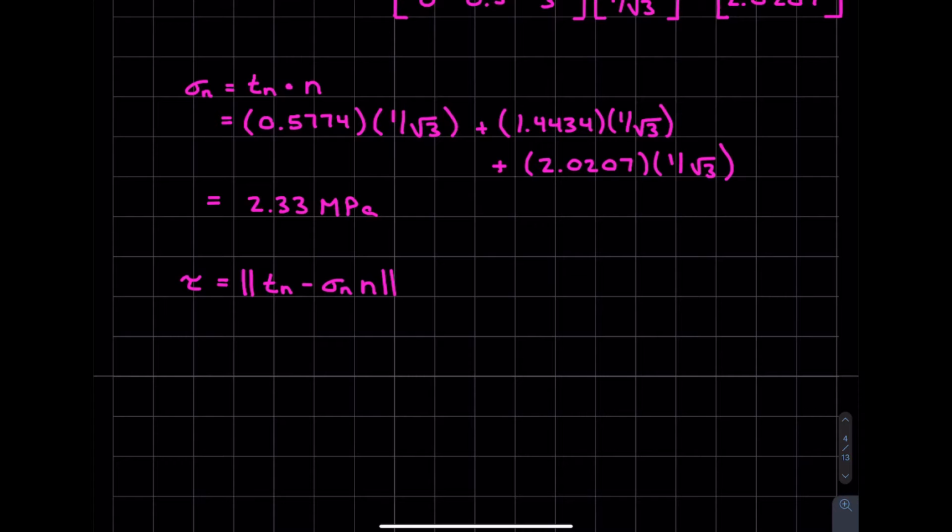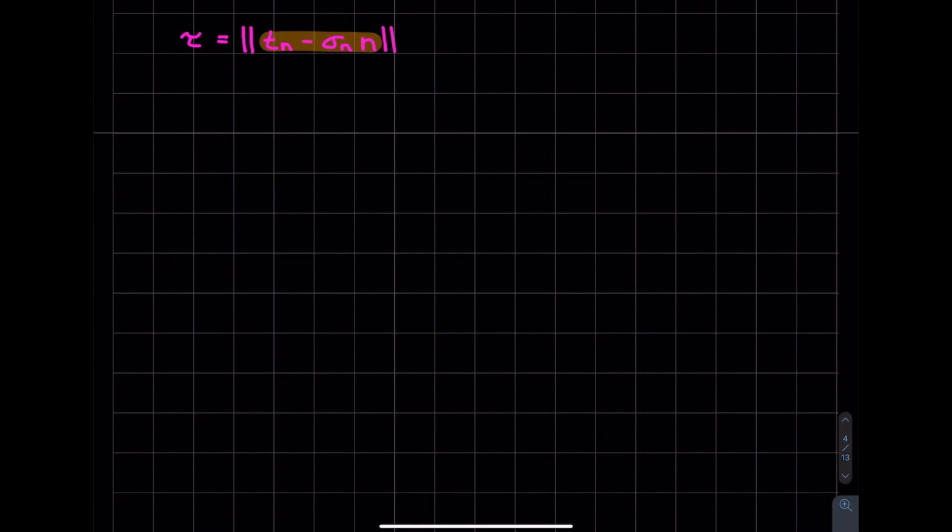So I know that you guys are all prodigies. I myself, I'm not. So the first thing I like to do in this question is figure out, okay, what exactly is this vector? So I come down here and I say, okay, well, Tn minus sigma n times n.